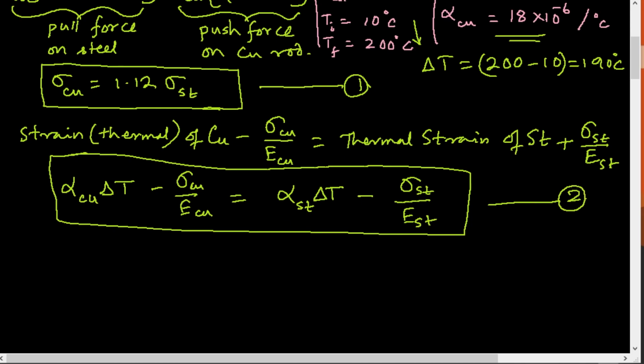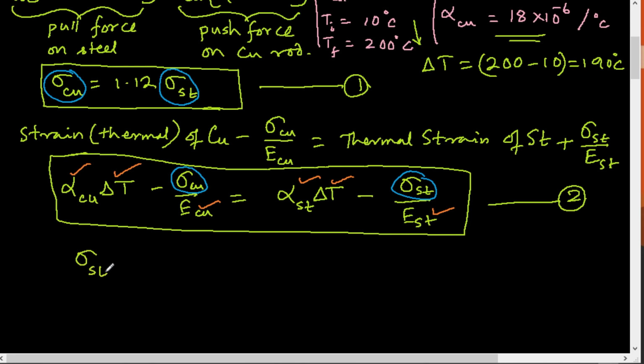You see here, this is a known quantity, this is known, this known, and this known. The only things which are not known are this and this, sigma copper and sigma steel. So there are two unknowns. We have two equations, so we can solve them to get the values of sigma.